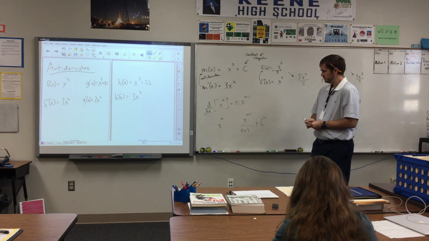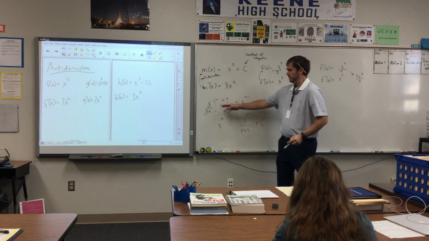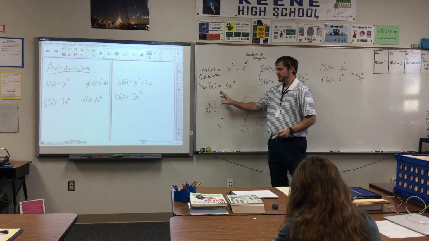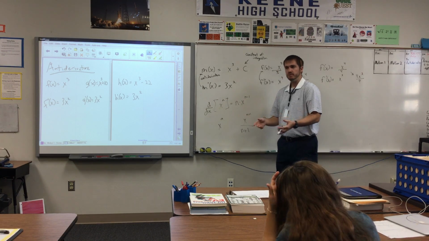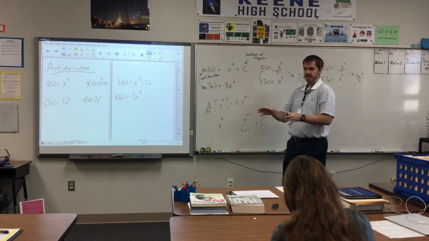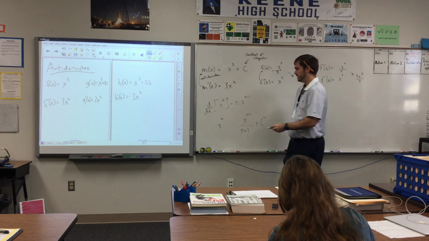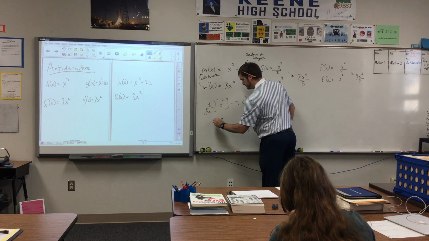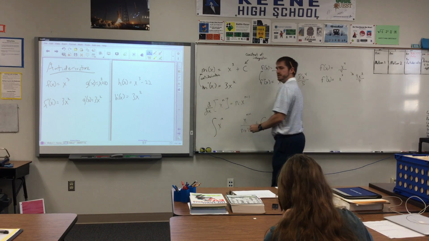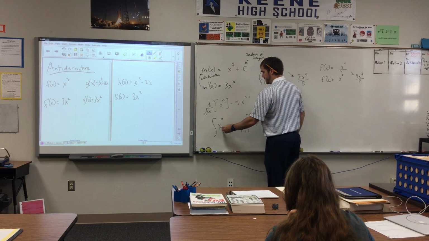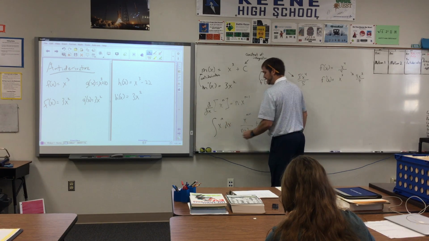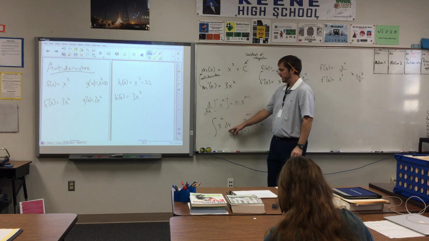Terminology and symbols. We knew the symbol for take the derivative of this function. Now I'm going to show you the notation for take the antiderivative. It's kind of a long S type thing, and then you write dx after the function.